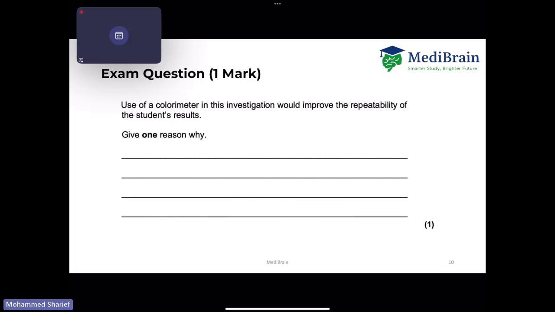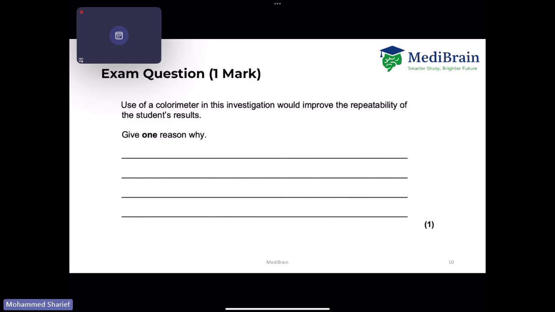Well, it means that if somebody else was to carry out the investigation, or you were to carry it out again and again, you would receive an accurate answer, basically the same answer, using the same equipment and getting the same results.